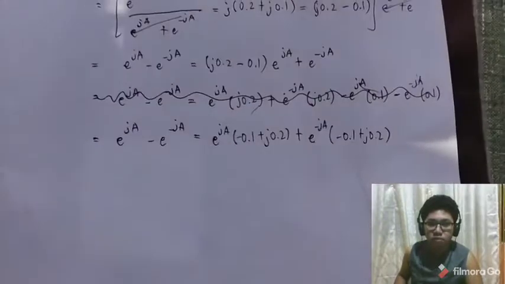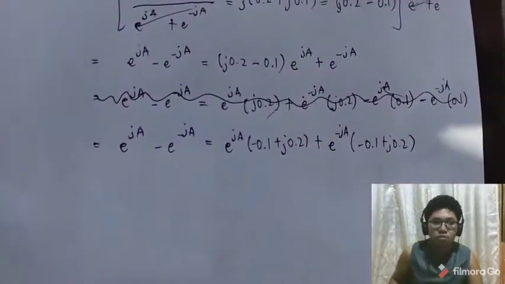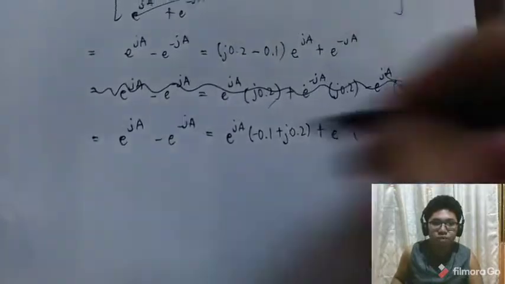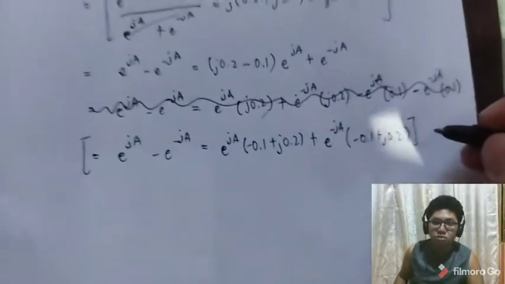The next step, we will multiply both sides of the equation by e raised to ja.